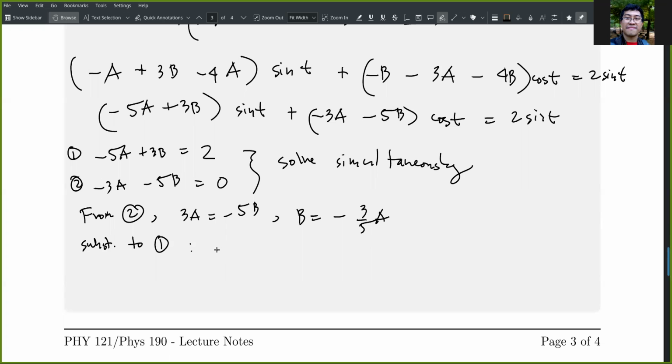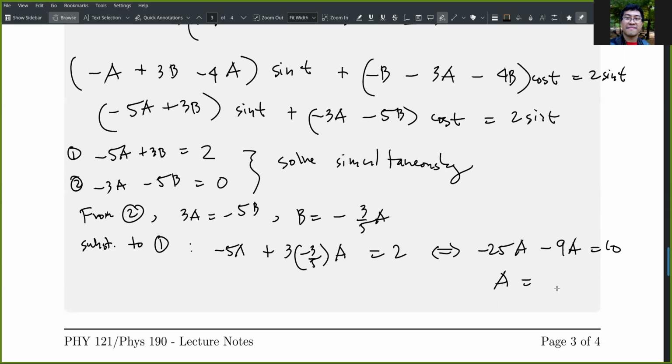You have minus 5a plus 3 times negative 3 over 5a equals 2. If you multiply both sides by 5, this would be minus 25a minus 9a equals 10. If you simplify this, you'll get a equals 10 divided by 34, or that's 5 over 17.